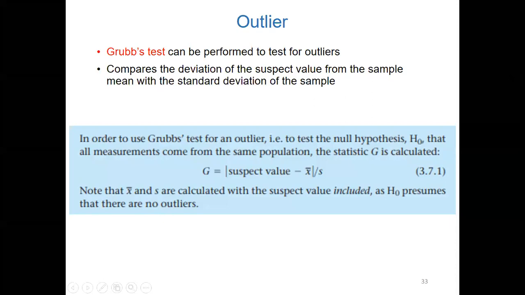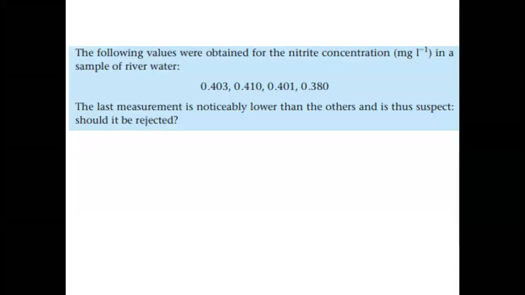Okay, let's move on and see how we can do the calculation using one example. This is an example to find an outlier. 4 measurements have been taken to determine nitrite concentration in a river water sample.